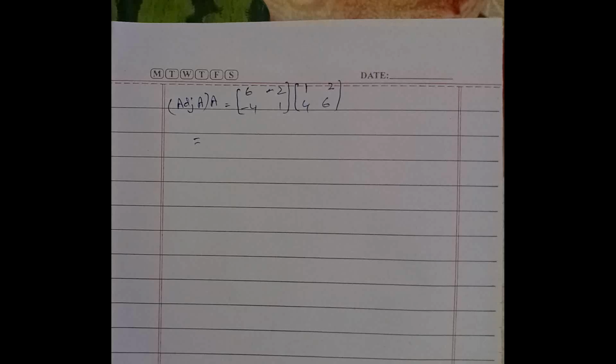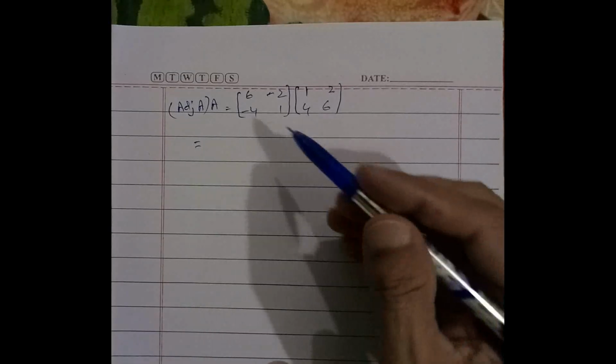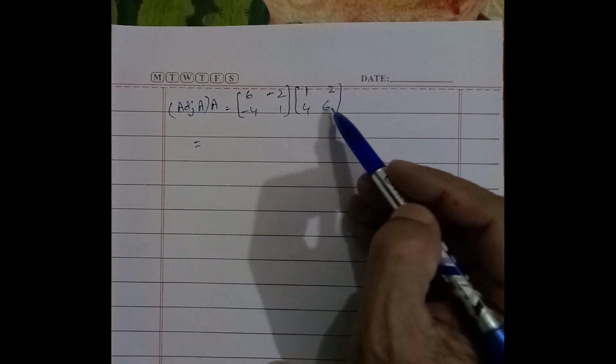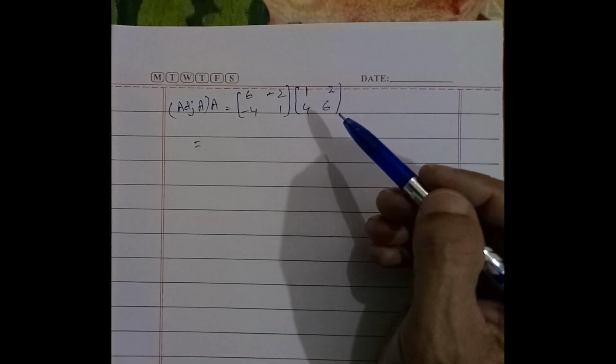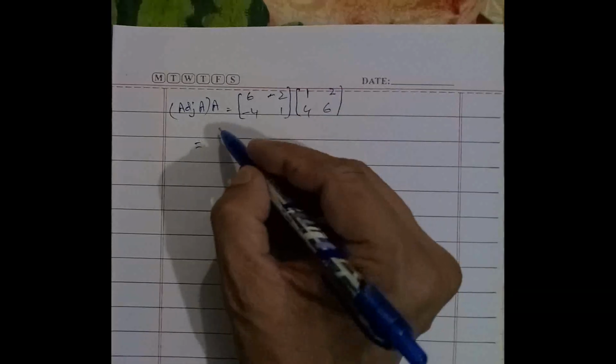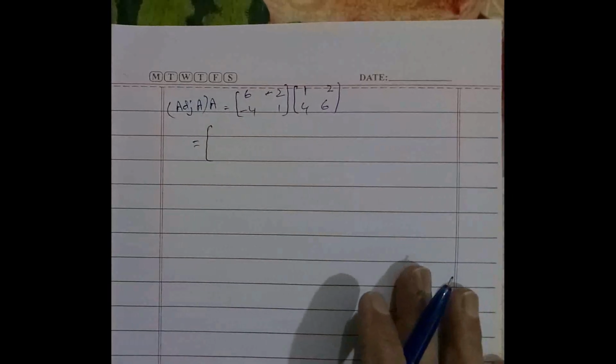Before multiplying these two matrices, check the rule, number of columns is equal to number of rows. They are both 2, so they are conformable for multiplication. So let us multiply these two matrices.